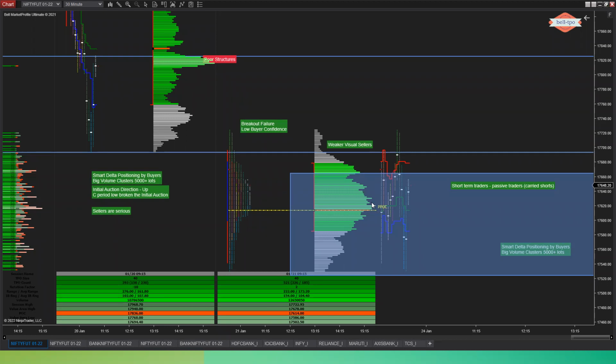Using only a volume point of control will be very, very difficult to understand where maximum value or more volume could be traded. There are cases when more volumes are traded in the volume profile, and it is not necessarily the price-based point of control. Price-based point of control will be something different.